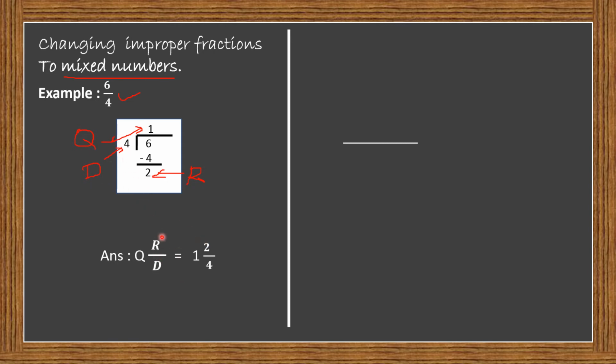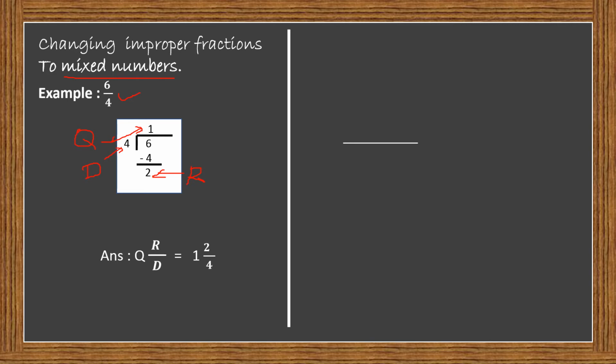So Q into R upon D. In place of Q, you have written the value of Q, which is 1. In place of R, we have written the value of R, which is 2. And in place of D, we have written the value of divisor, that is 4. So it becomes 1 into 2 upon 4. Understood?